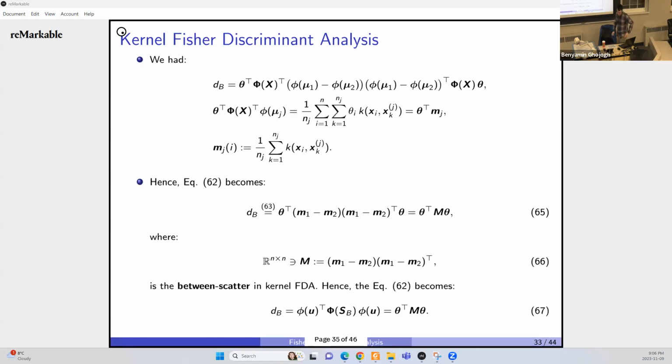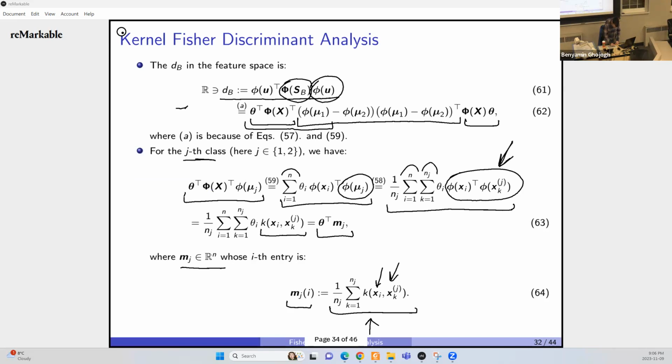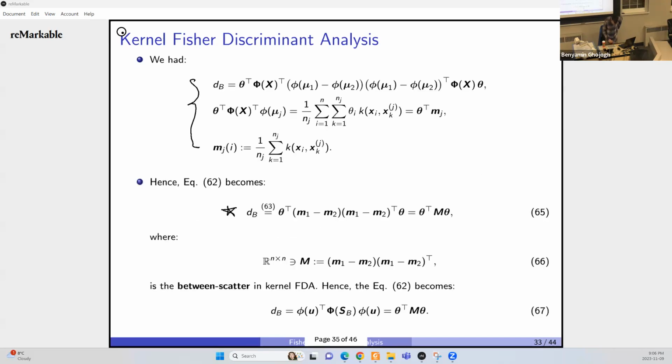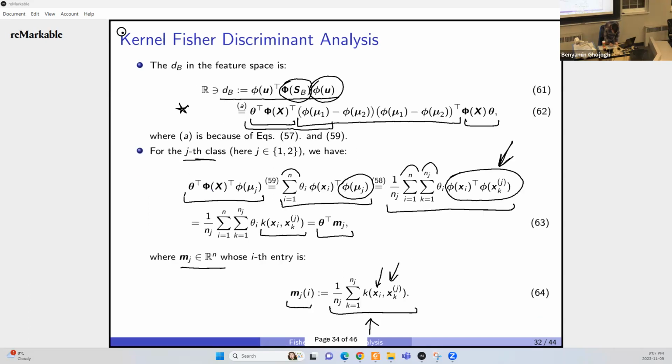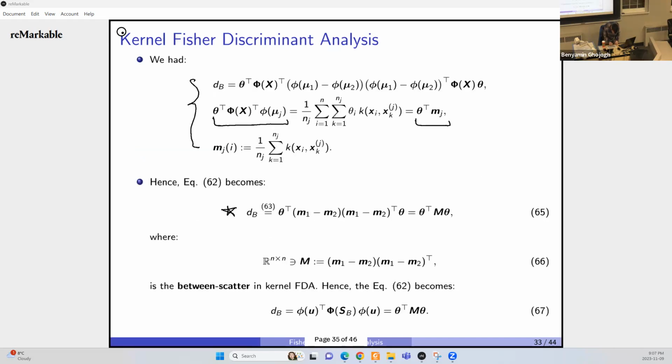So these are what we had. I'm repeating them. Equation 62. What was that? It was this. It becomes this. So according to what I just found, we know this is theta transpose mj, right? We also had these multiplications here. So if you put what we just found here in equation 62, you can write dB as this.